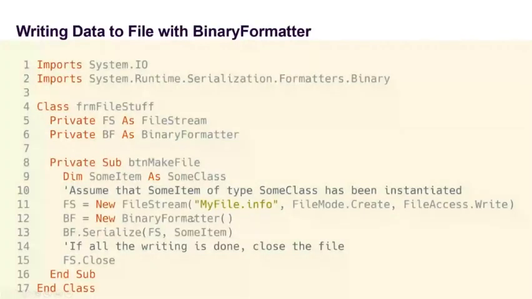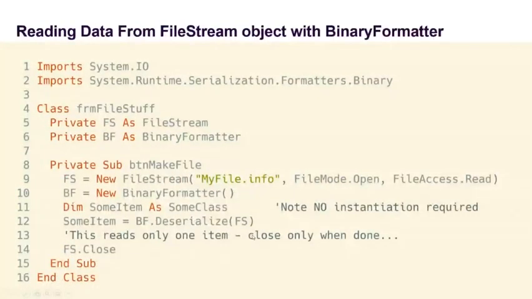So therefore, we need to make sure we use the correct direct cast or conversion methods. If you're just using strings, you need to convert it to a string, and if it's an integer, you need to convert it to an integer. And if you're converting into a custom data type, the classes that you create, then you need to make sure you direct cast it into those custom types. Now, you can also use a try cast if you want it to give you a null if it's not successful.